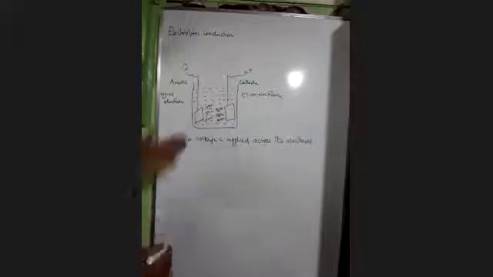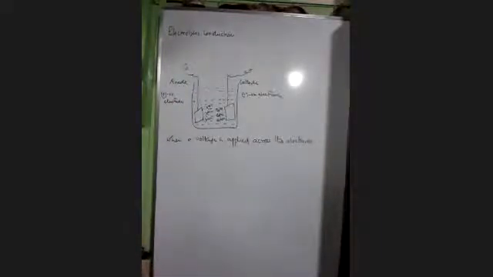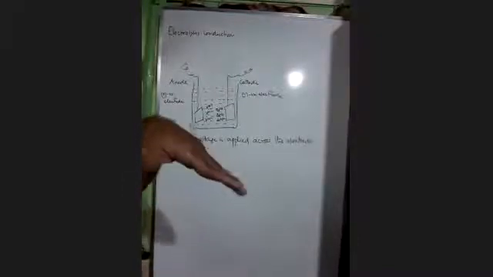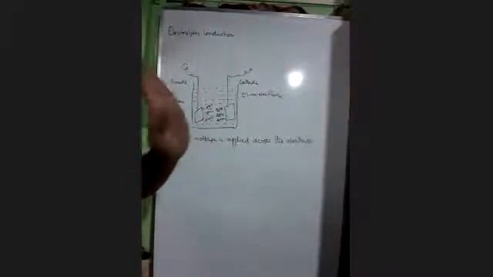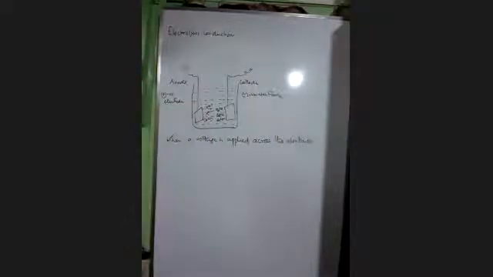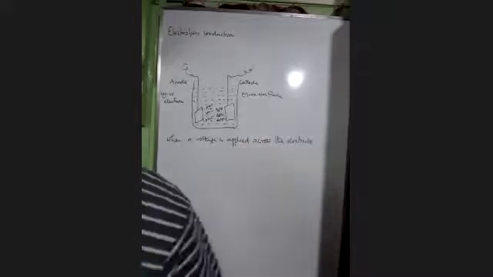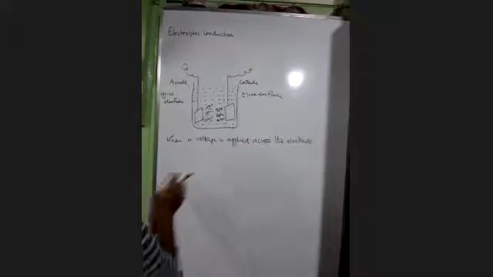Either you connect it to a battery or to an electrical source. See, no flow will occur if there is not a gradient. If it is like this, water will not move. If you make it like this, it will move. So always the difference of gradient has to be. So this is the electrical gradient.